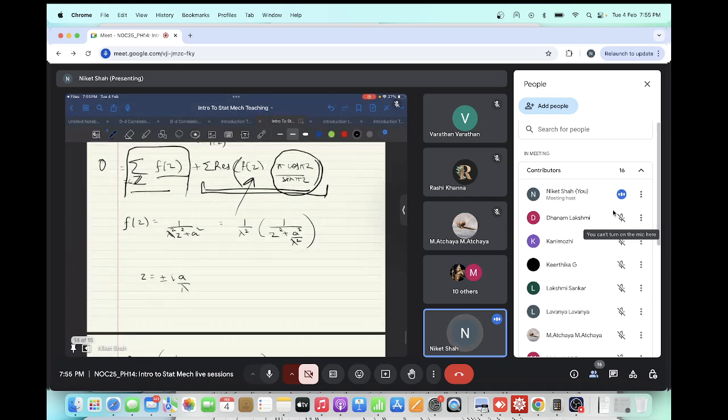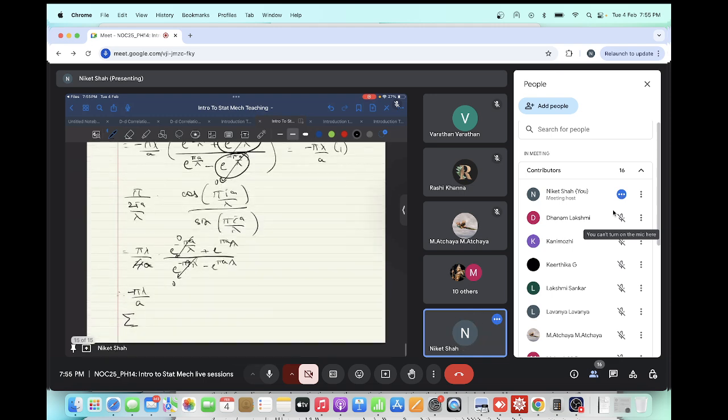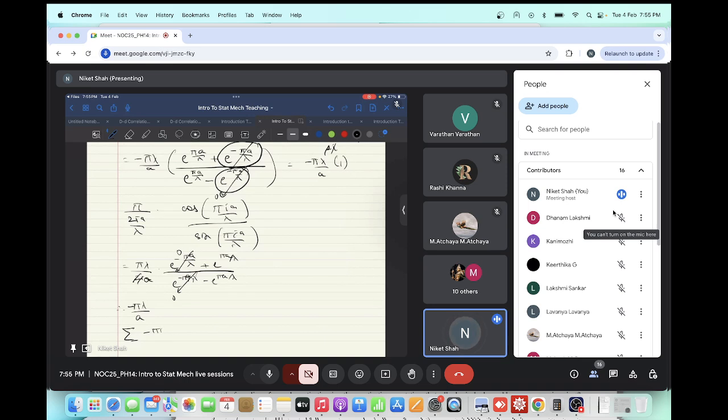So that's why I get minus pi lambda by a minus pi lambda by a, which is minus 2 pi lambda by a.